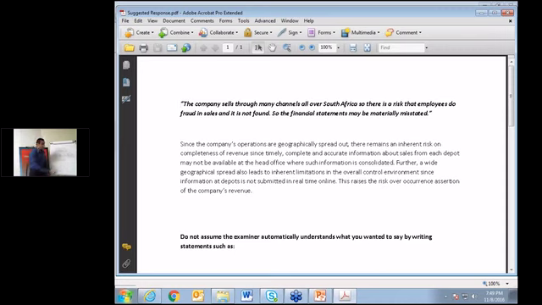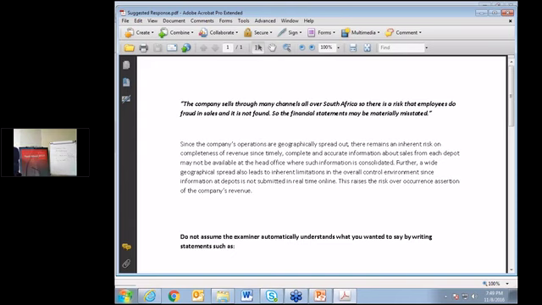Because they don't understand what the risk actually is. So this is something that is very important to understand. In question 1, whenever you describe a risk, you must describe it in sufficient detail and depth and clarity. So you go to the account level and the assertion level and you describe which account and which assertion is impacted and how is it impacted.